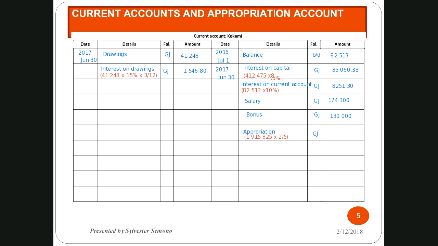Is calculated 82,513 plus 35,060.88 plus 8251.3 plus 1,400 plus 130,000 plus 766,330. Okay, I got a total of 1,078,919.30. This must also be copied on the other side because it's the biggest side.